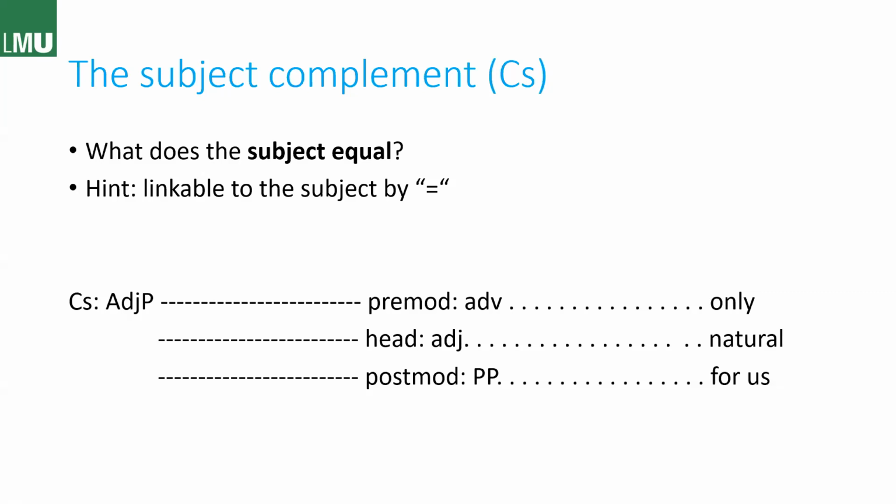So we've got the pre-modifier, the adverb only, then we've got the head, the adjective natural, and we've got the post-modifier, the prepositional phrase for us, which again in a full analysis would be taken apart as well. And again, the S of the CS would be in lowercase.